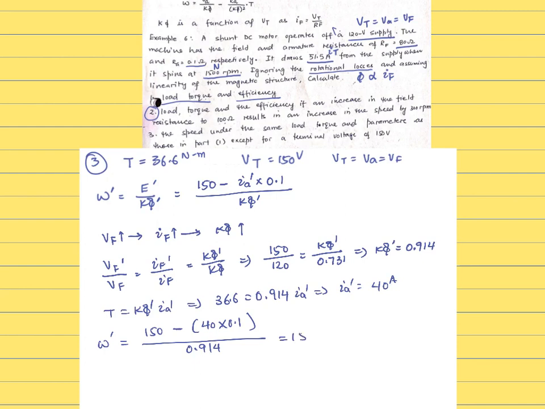And that gives you 159.7 radians per second. This can be converted to RPM, and once converted, it gives you 1525 RPM. So from 1500 RPM, it has gone to 1525 RPM, the speed under the same load torque and conditions. Yeah, that's it. So we only need to calculate the speed.